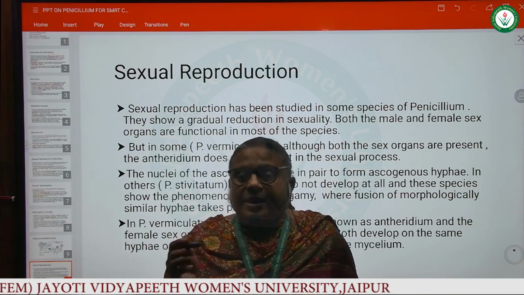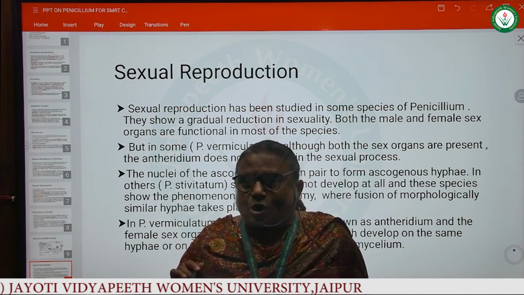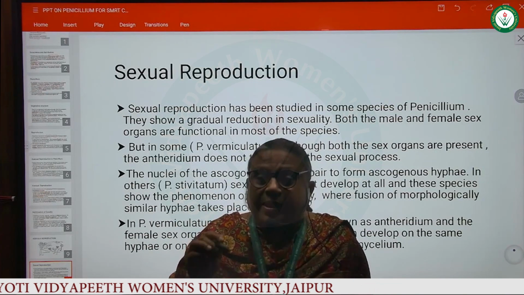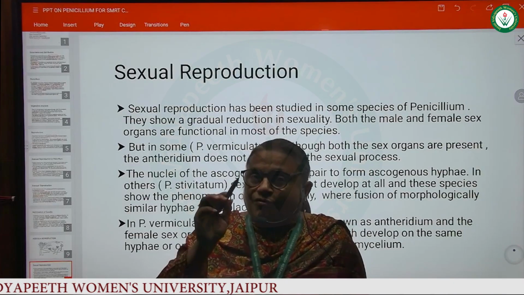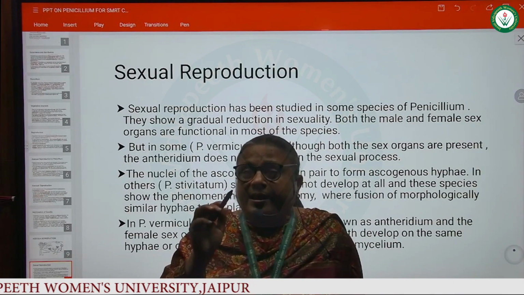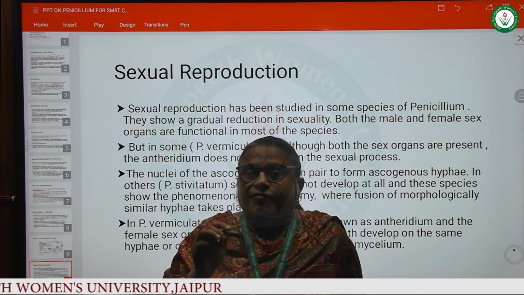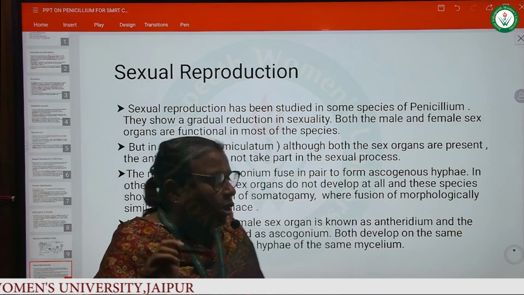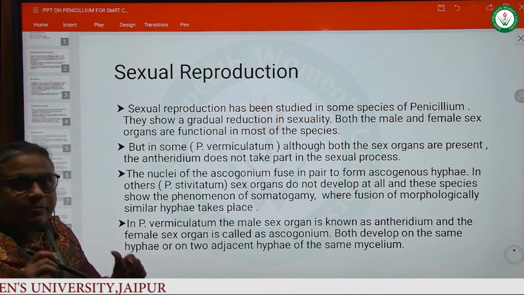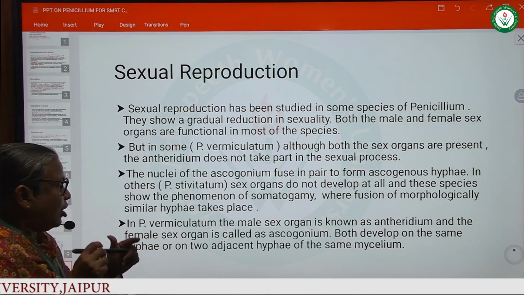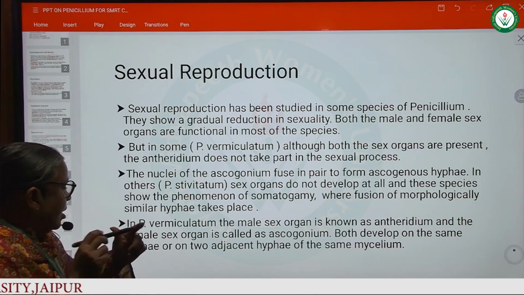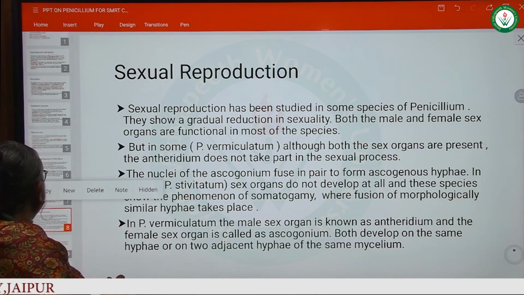The name of the male sex organ is antheridium. And what is the name of the female sex organ in the fungus Penicillium? The female sex organ is called ascogonium. Both develop on the same hyphae or on two adjacent hyphae of the same mycelium.